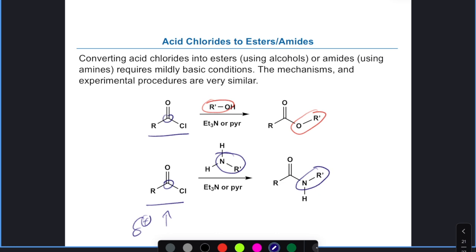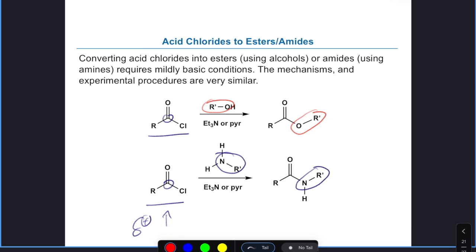What is this junk here? You guys have seen those before. It's a weak base to absorb positive charge. If I had to give them names, what is PYR? It is pyridine.